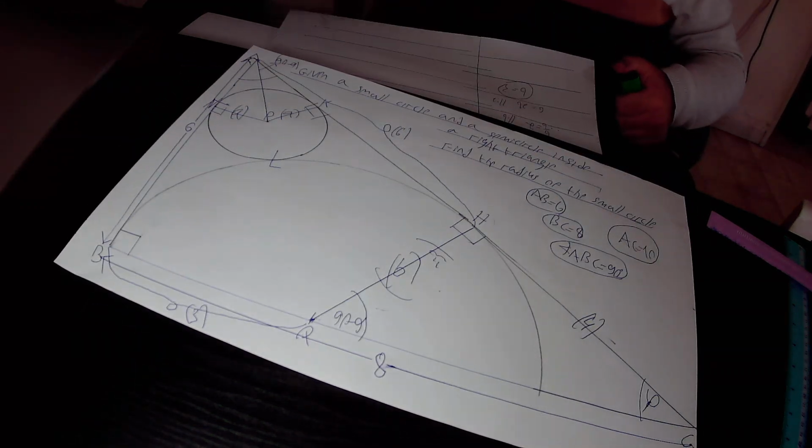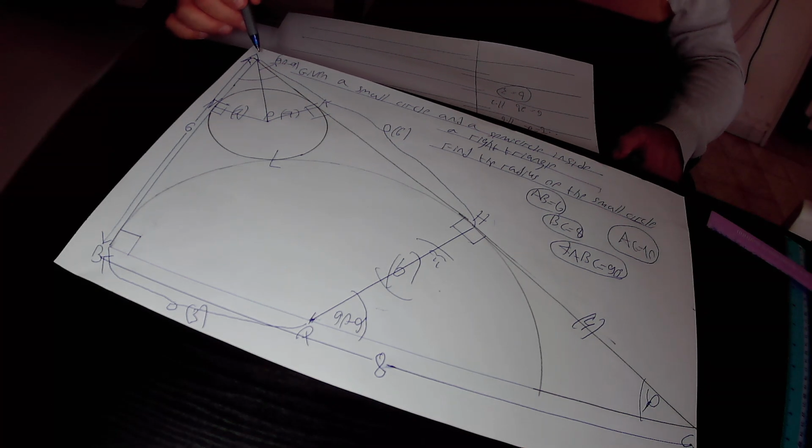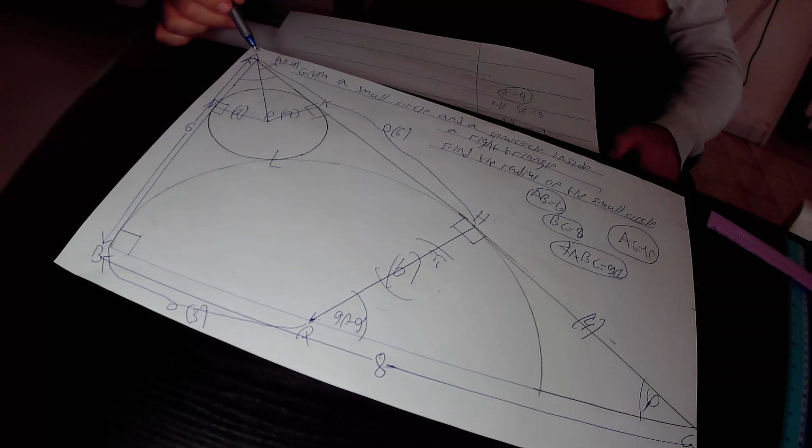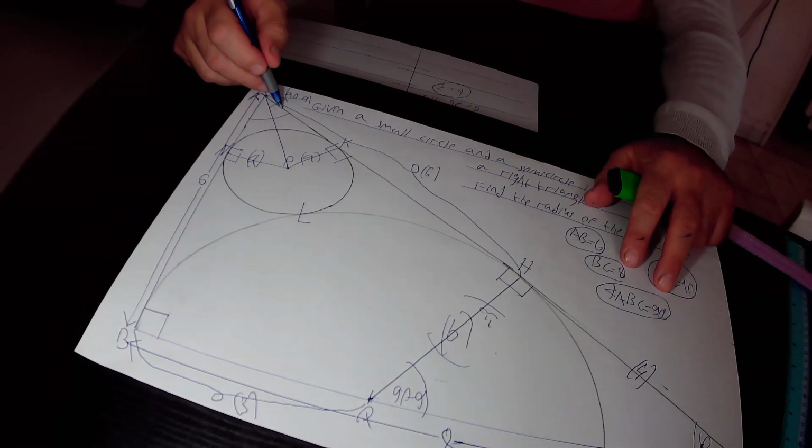So if we define the size of this angle A as 2 theta, then the angle bisector PA bisects angle A into 2 halves. Each half must be equal to theta, of course.